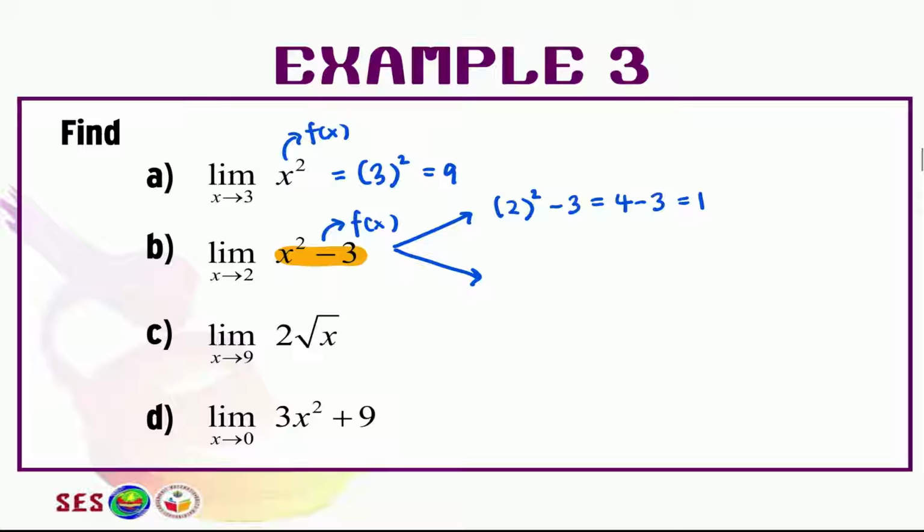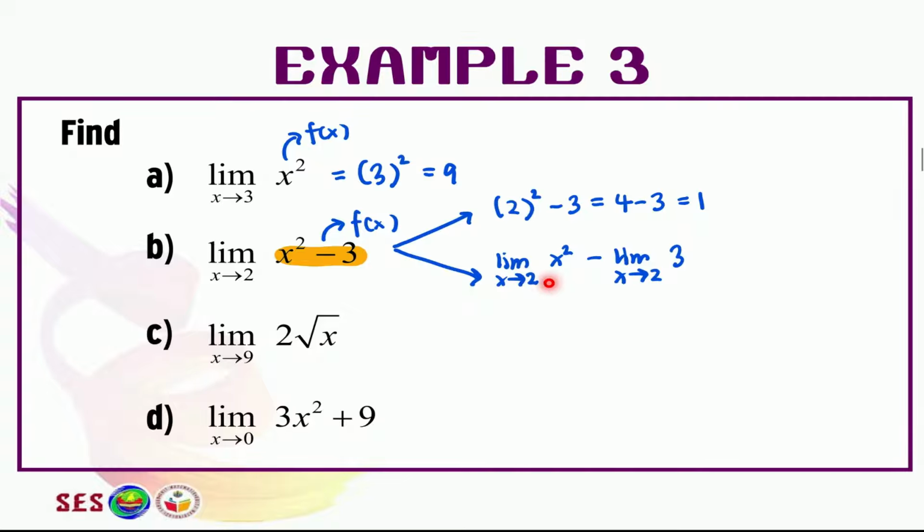But if you insist on separating them, just like in the properties, we can do that too. We can rewrite them as limit x approaching 2 for x squared minus limit x approaching 2 for 3. And to find the limit, we just need to substitute these two into this function here.